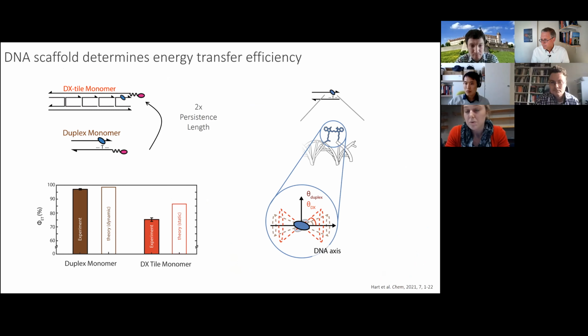This is somewhat non-intuitive, because one, it shows us that we have this scaffold handle on how we can determine energy transfer efficiency, but two, we typically think about energy transfer being efficient in rigid environments. In this case, the DNA's ability to sample a wide range of different configurations actually allows it to recover a faster, more efficient energy transfer process, which highlights the role of the scaffold in tuning these large scale dynamics.